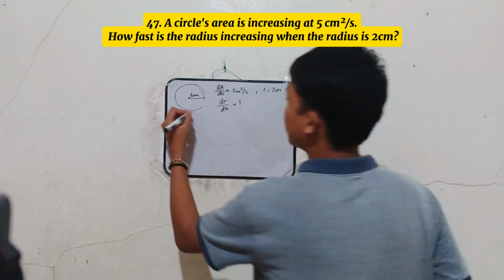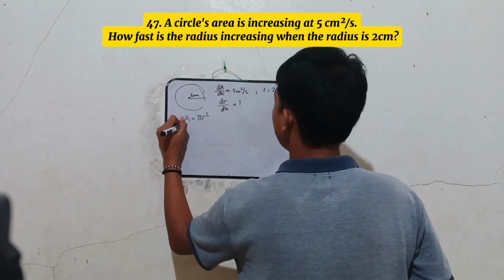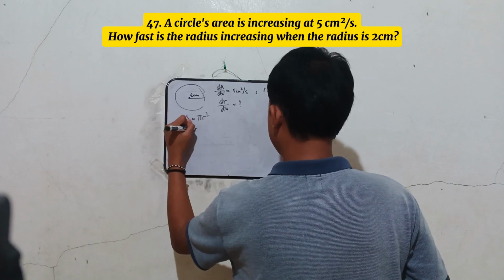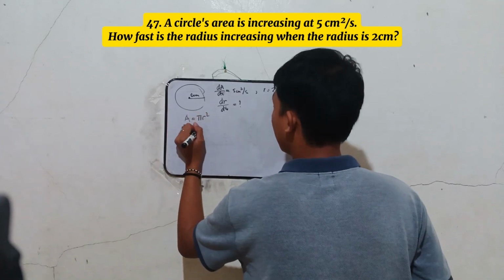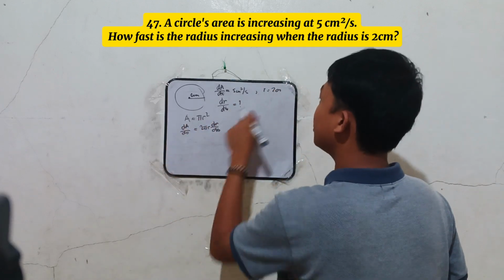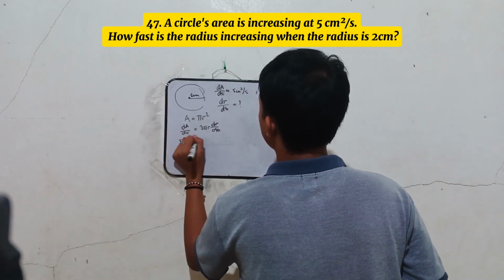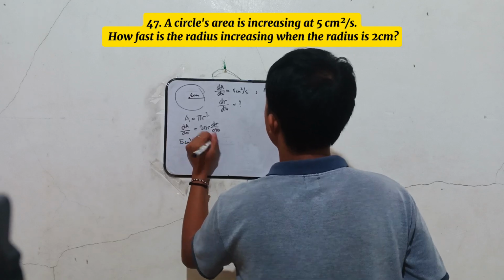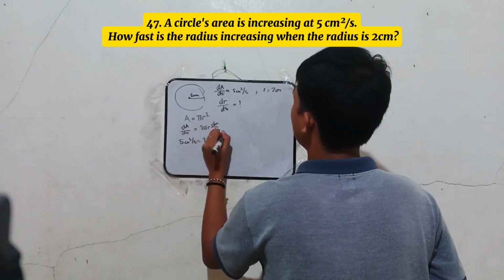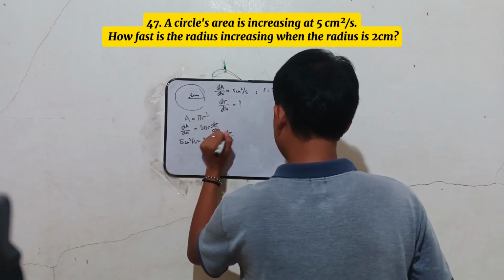So the area of a circle is pi r squared. Then let's differentiate the formula. And this would become 2 pi r dr over dt. Then substitute the given values. So this will become 5 cm squared per second equals 2 pi, radius 2, then dr over dt is what we're going to find out.